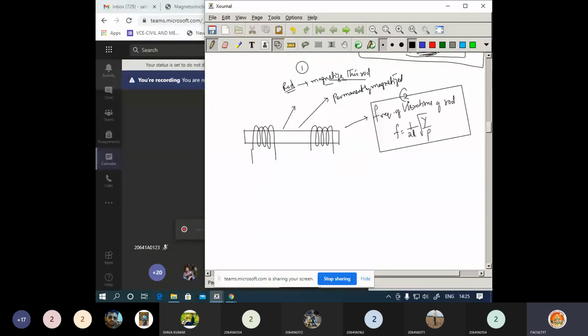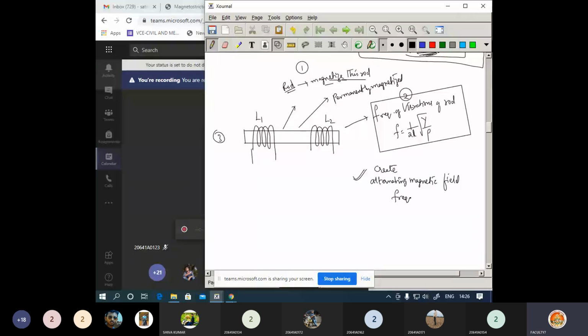Second point is that we are referring to the frequency of the rod, which is given as mentioned in the formula here. Third point is we are going to consider the connection of the coils here. Consider this as coil 1, this as coil 2. Now the second frequency is that we are going to create an alternating magnetic field with a frequency.